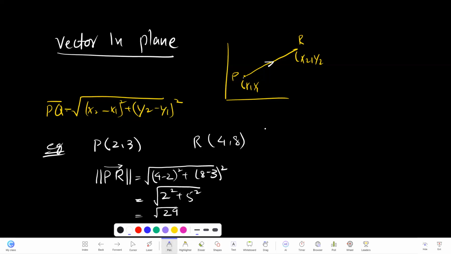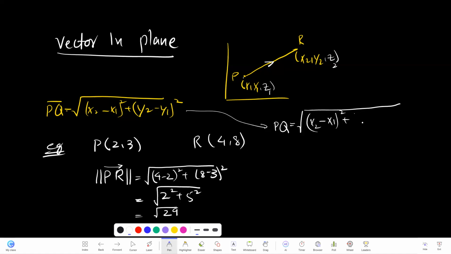Let's suppose I have a z coordinate here, 1, 2. I'm just going to extend my formula for the third coordinate, and that's exactly doing the same thing, right.